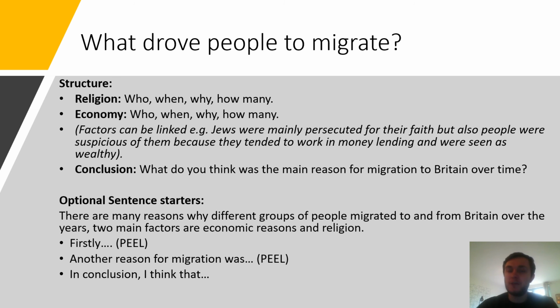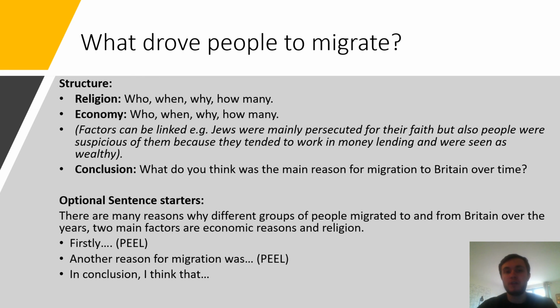And those factors could be linked, so you could have the example of the Jews, who were mainly persecuted for their faith, but also people were quite suspicious of them at the time because they tended to work in money lending around the time of William the Conqueror, and so they were seen as wealthy.